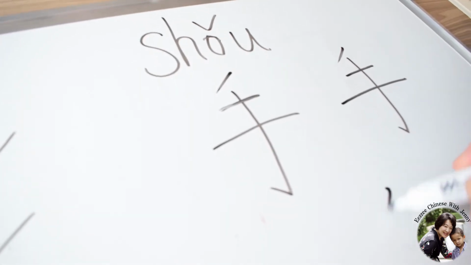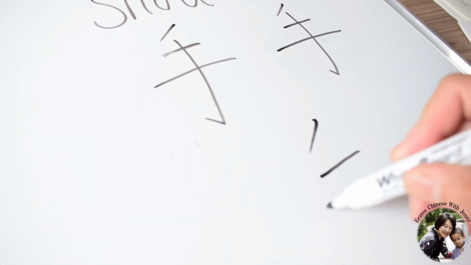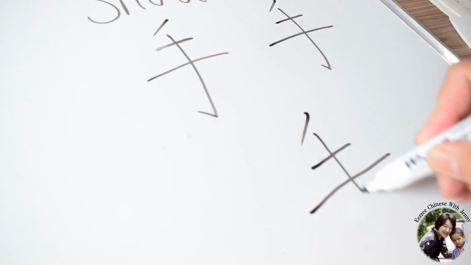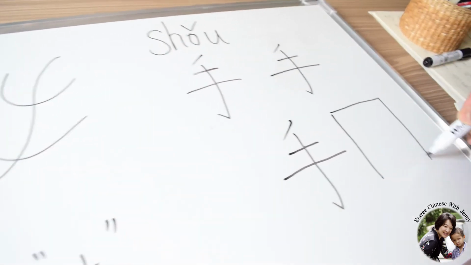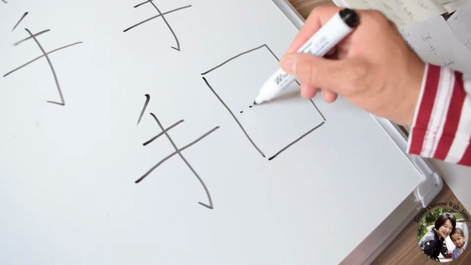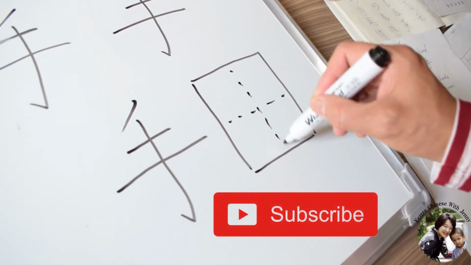手, shǒu. I write it again. 1, 2, 3, 4. Okay. 手. Let's write it in a square.